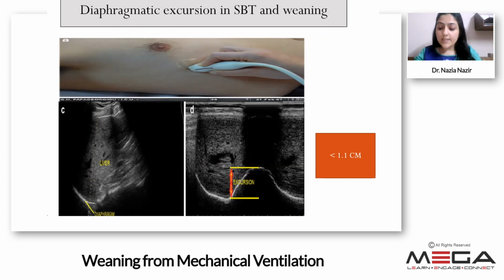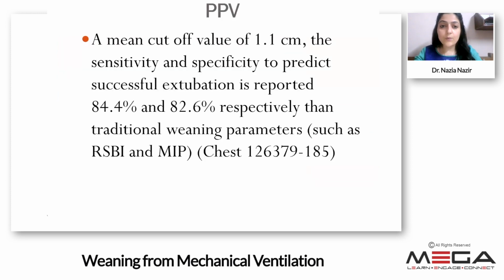A diaphragmatic excursion of less than 1.1 centimeter on either side, whether the left or the right hemidiaphragm, is usually a poor indicator for weaning. A mean cutoff value of less than 1.1 has a sensitivity and specificity to predict successful extubation of 84 and 82% respectively.